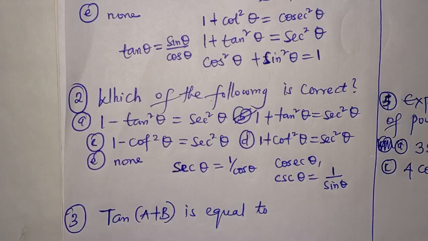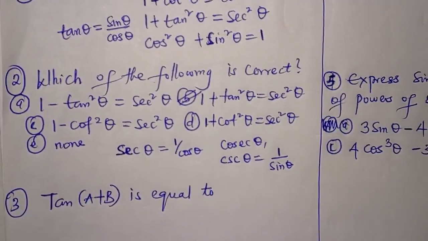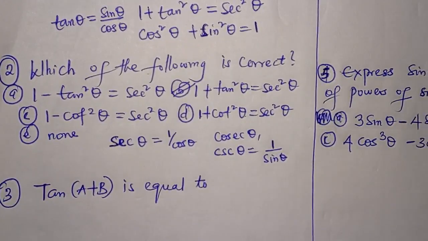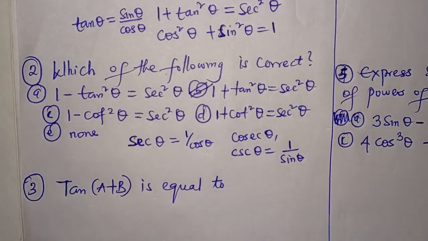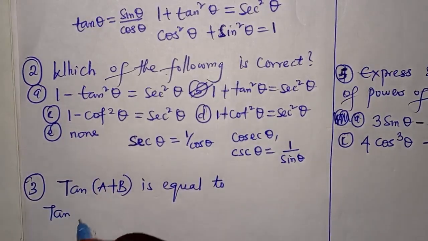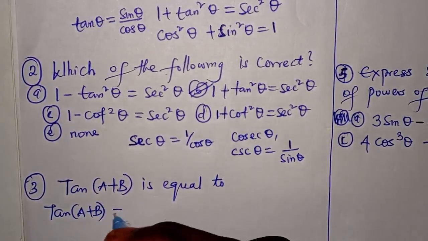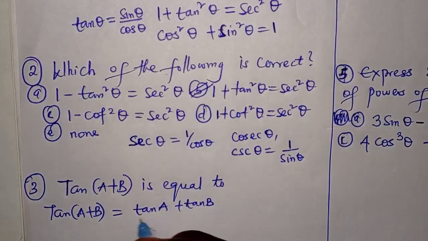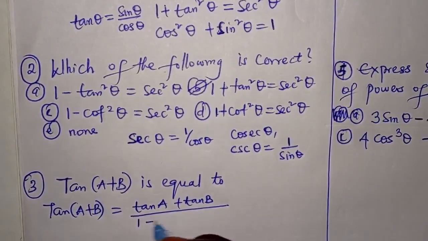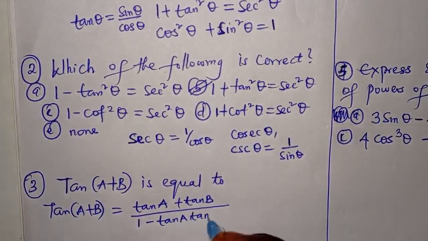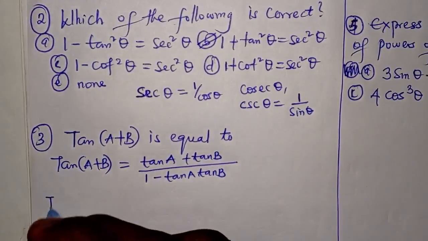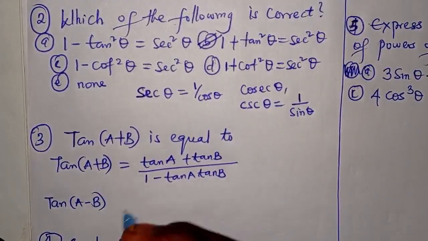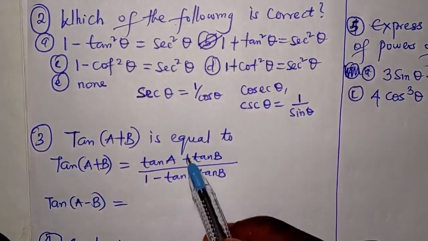Question 3 says tan A plus B is equal to. The answer to this question, which would have been the correct option if I had written the option, is this. Take note. The tangent of a sum, tan A plus B, is equal to tan A plus tan B divided by 1 minus tan A into tan B. If I am dealing with the tangent of a difference, tan A minus B, it is similar to this, just that the sign alternates.